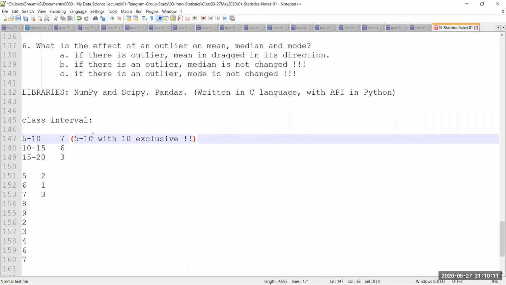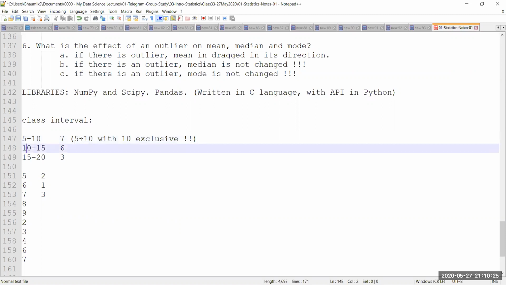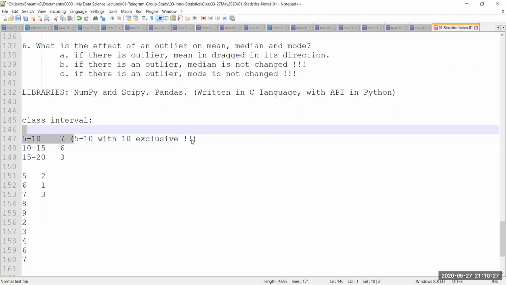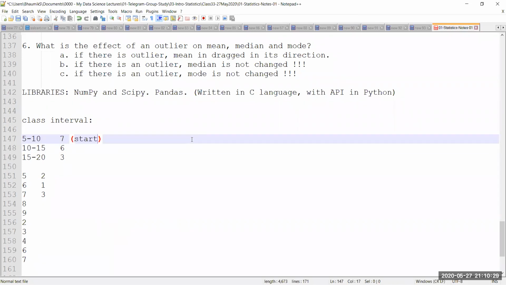If there is any house, let's say a 1 BHK flat, where the rent is exactly 10,000, I'm not going to count that in this class interval. That comes in the next class interval. So the starting value is inclusive while the ending value is exclusive. These are the 3 rules.